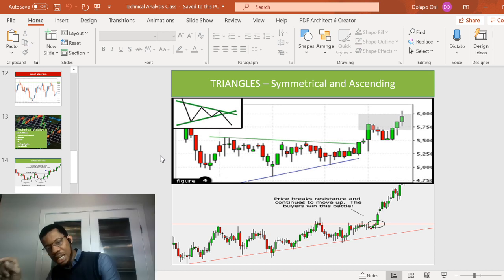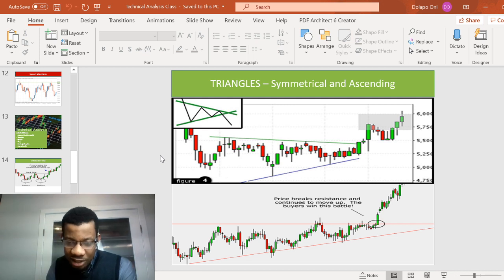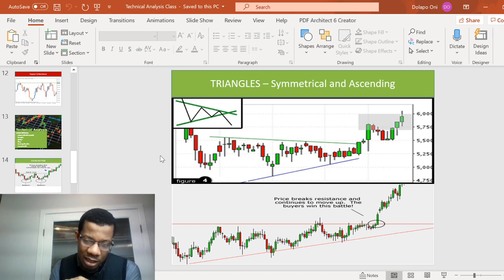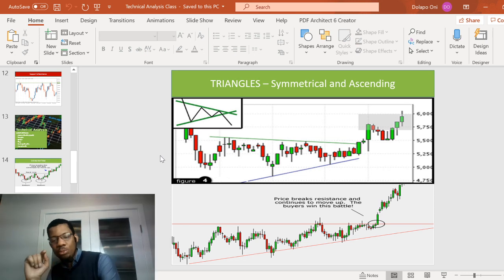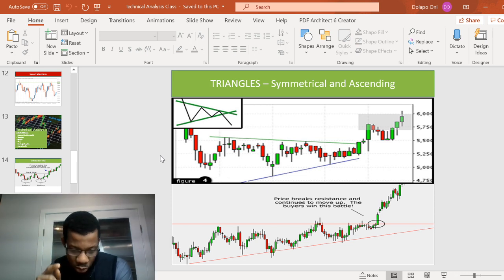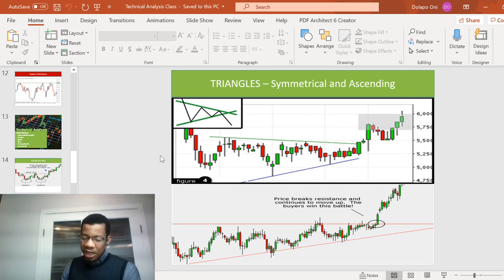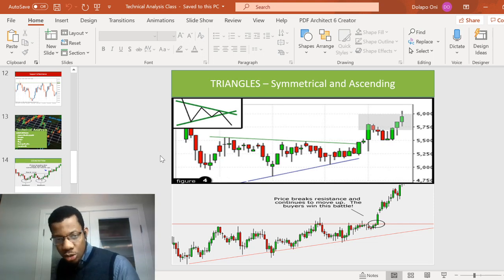I set up my lines and I tell the robot, the moment this price point breaks out of this line, buy. And if I stand up from my trading station, go to the washroom, or have lunch with friends, if the price actually breaks out of that line, the robot will automatically buy the quantity I've asked it to buy, and it will stay in the market until my sell instruction kicks in. So traders do that.